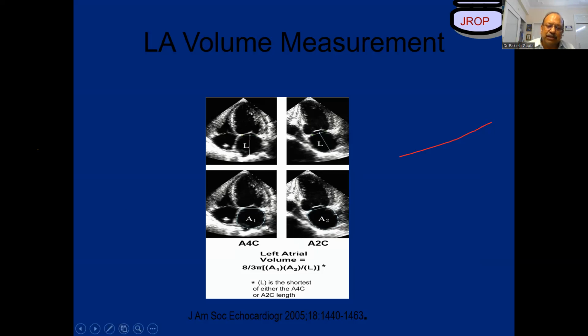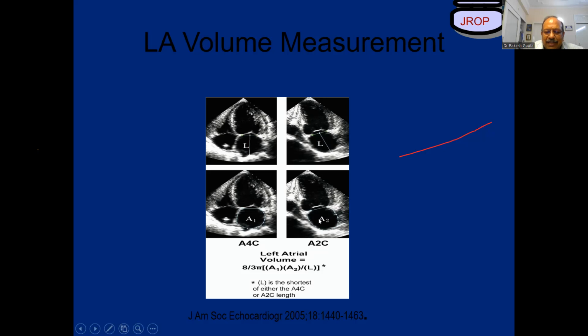So we take a 4-chamber view, we take a 2-chamber view, and we do the same thing we did in LV calculation. We start with one annulus, go around, trace the endocardial border along, and bring it back to the lateral annulus. Let the line join by itself. Then we do the same thing in 2-chamber view. We start with the basal inferior segment, go all the way around, and come down to the basal anterior wall, and let the line join.